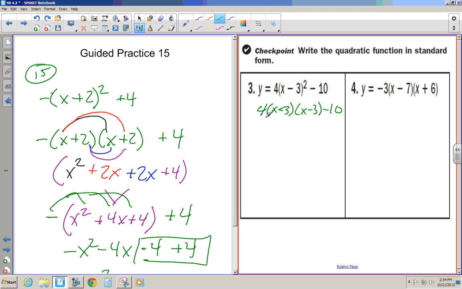So pause the video and see how it works. I'm going to continue though and say that you have 4, the first in each row, the outside of each row, the inside, and the last.